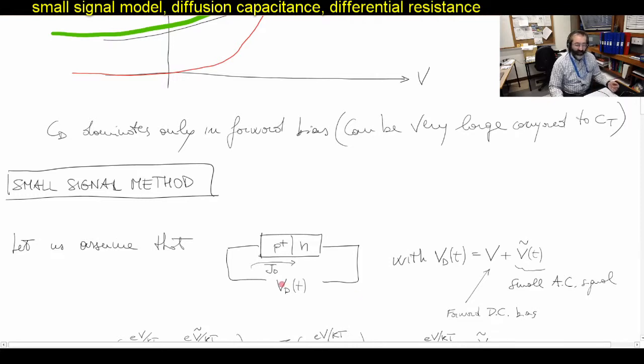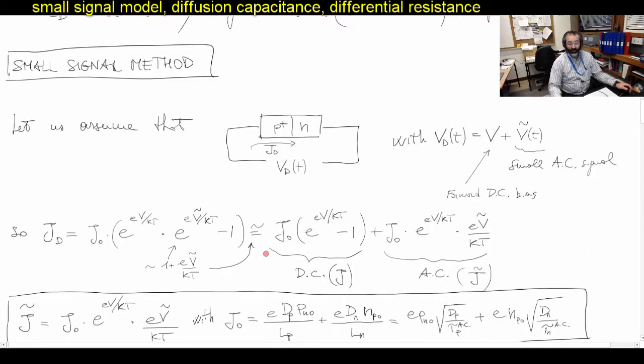Let us assume that this is my device and we apply a signal that is the sum of a DC voltage plus a small AC signal. We now apply this technique to the IV characteristic of our device, the p-n junction. We have to substitute this quantity into the IV characteristic and then separate, as we will see in a moment.